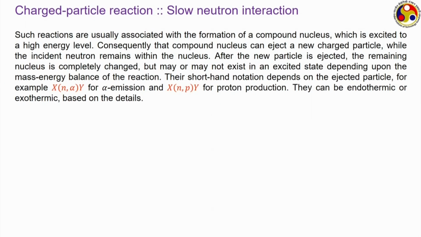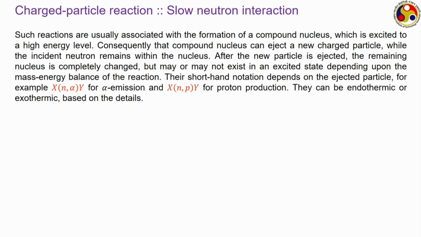Another possible kind of interaction is the charged particle reaction. When a nucleus absorbs a neutron, forming a compound nucleus that is generally at a higher energy level, quite often it can eject one charged particle such as an alpha particle or proton in very rare situations.